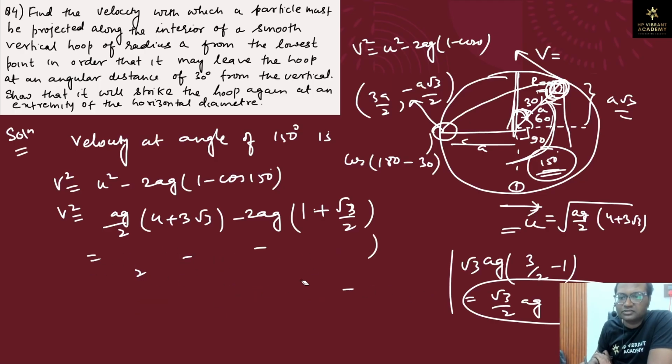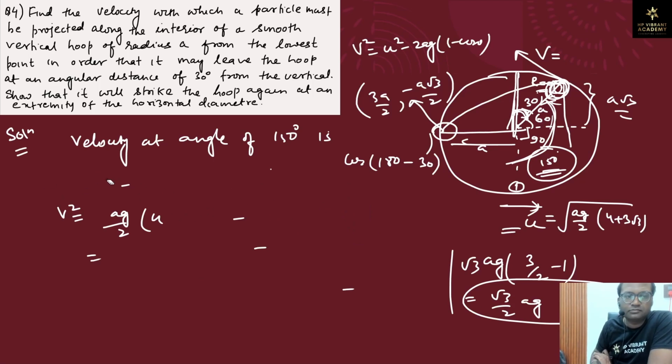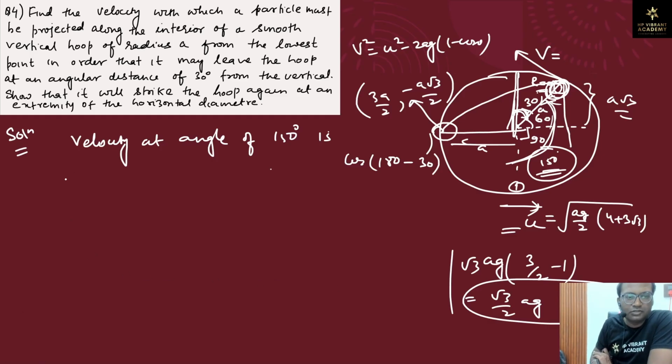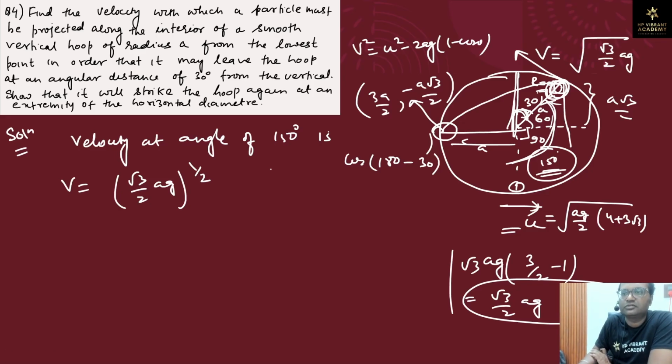So what will be the velocity? The velocity is equal to the square root of root 3 by 2 ag. V is equal to root under root 3 by 2 ag.